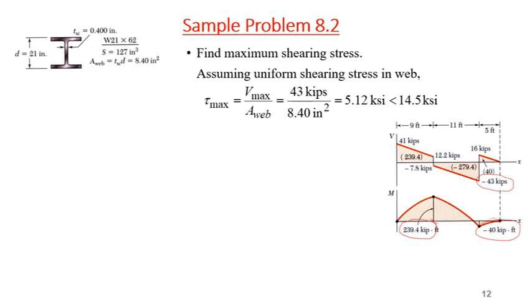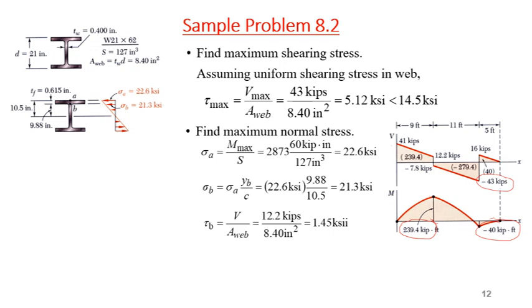Okay, now how about maximum normal stress? For the maximum normal stress, let's consider location at A, and we will calculate the maximum bending stresses at the point where we have maximum bending moment, that is equal to 239.4 kilopound-feet.